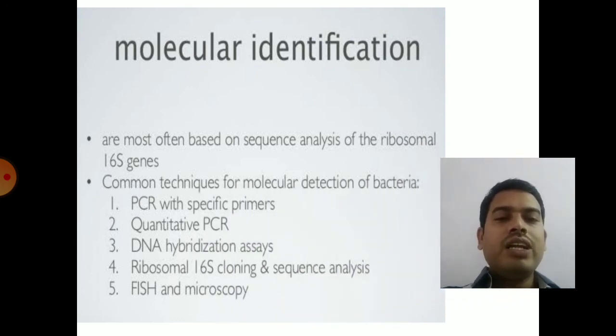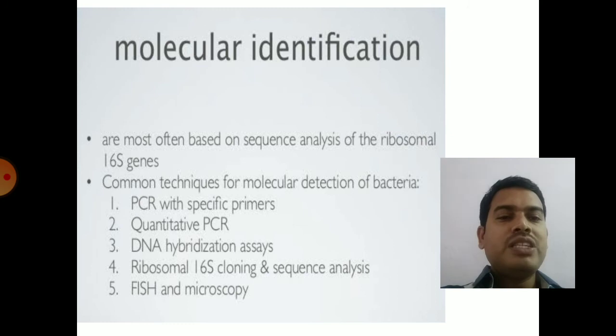While coming to molecular identification, it is based on the PCR technique, quantitative PCR, DNA hybridization assays, 16S ribosomal RNA sequence analysis, and also FISH techniques. By using PCR, you can construct primers which are specific for a bacterial species.